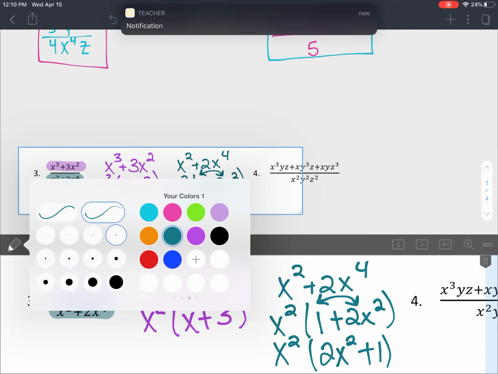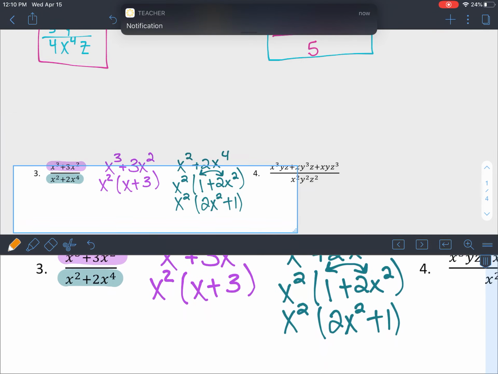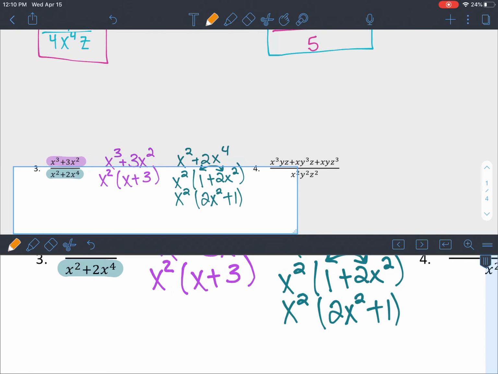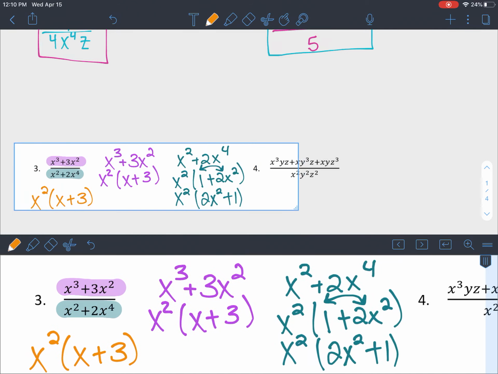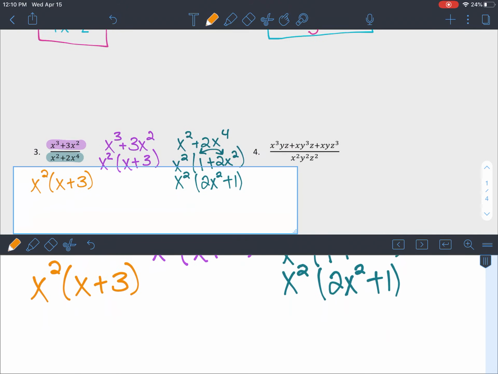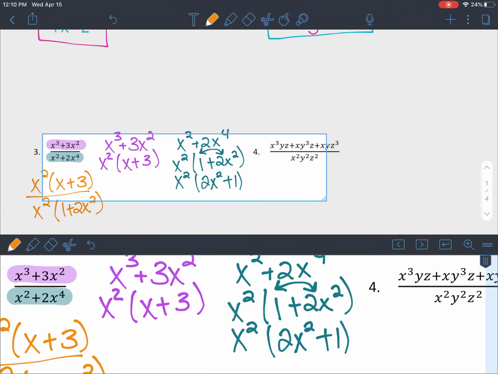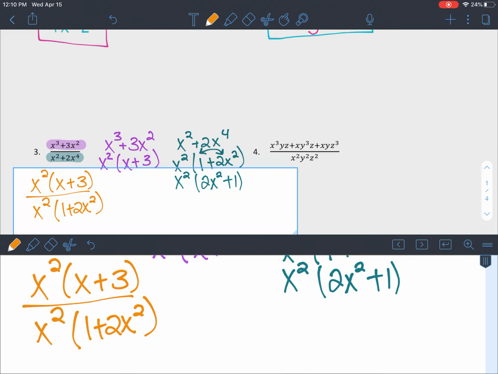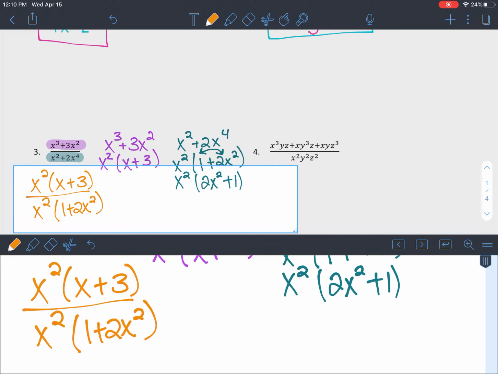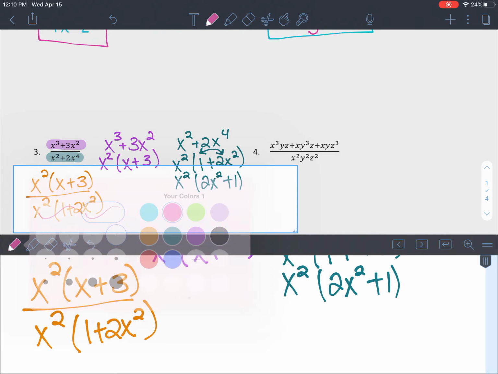So I've dealt with my top, I've dealt with my bottom. So let me just rewrite this guy. So on top, I said I'm going to have x squared times x plus 3. That's that purple one that I factored. And then on bottom, I'm going to have x squared times 1 plus 2x squared. And that's this dark teal that I have over here. So then I ask myself, well, is there anything that I can cancel out?